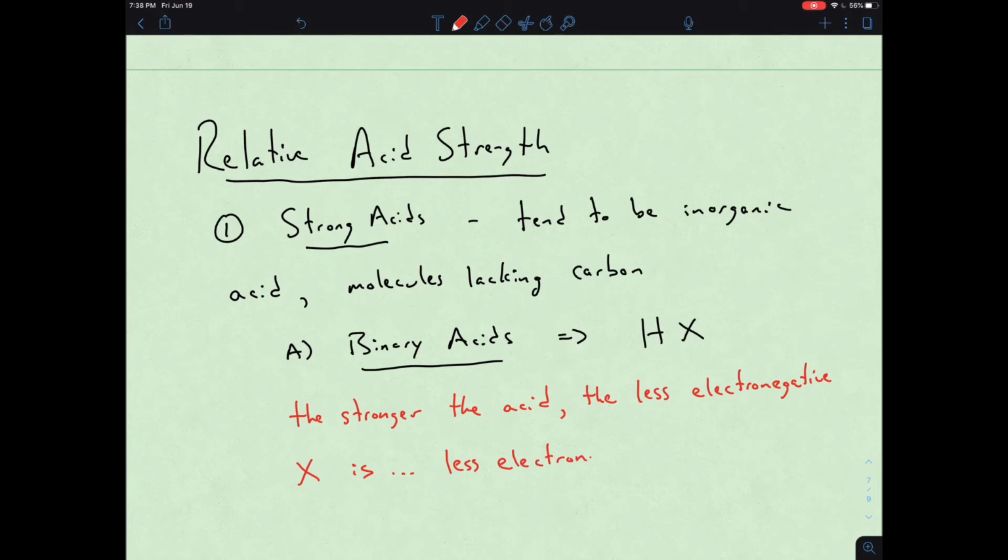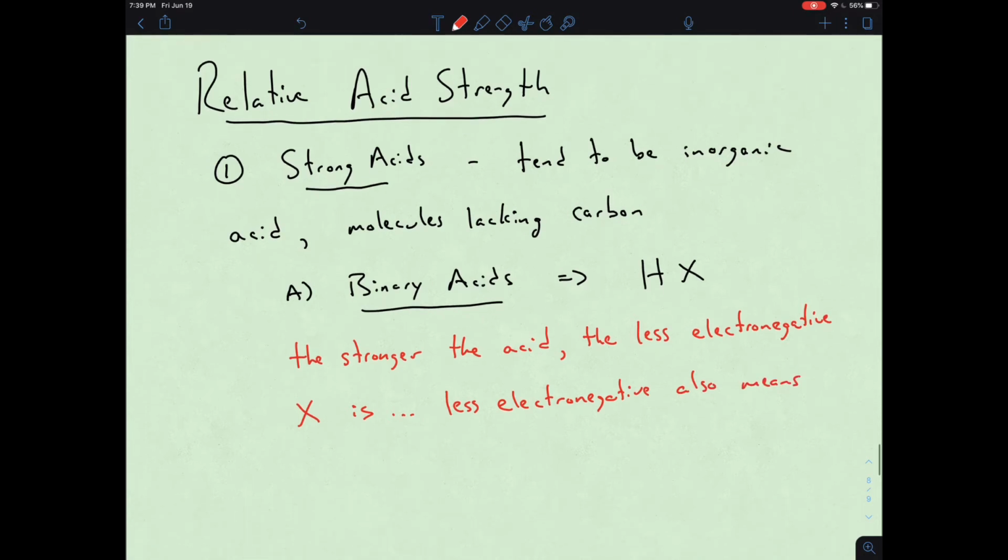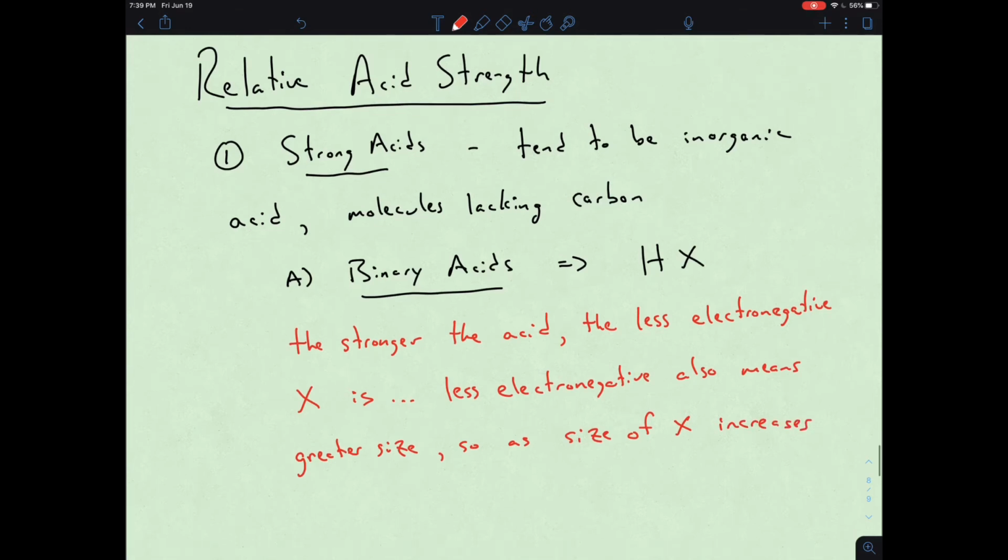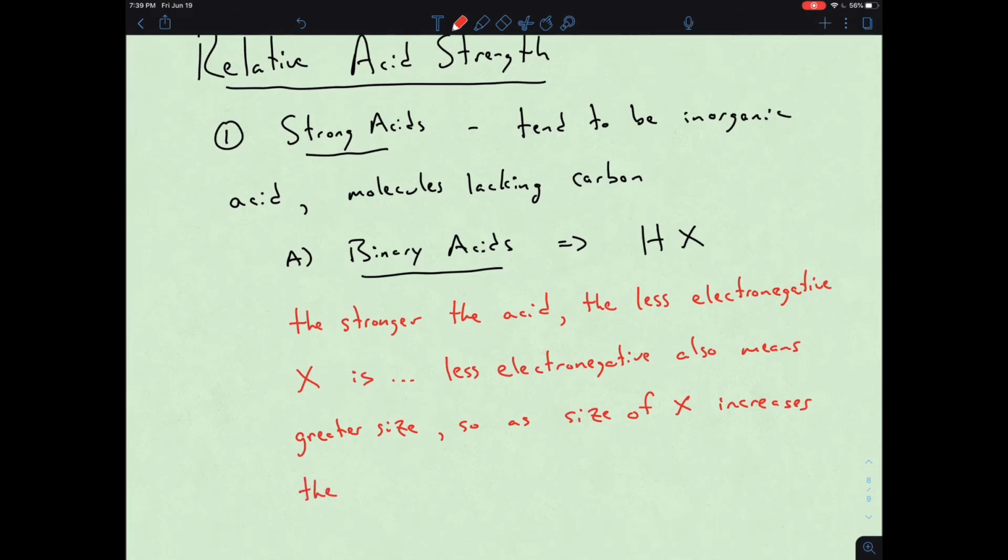Less electronegative also means, normally here, greater size. So as size of X increases, the acid strength also increases.